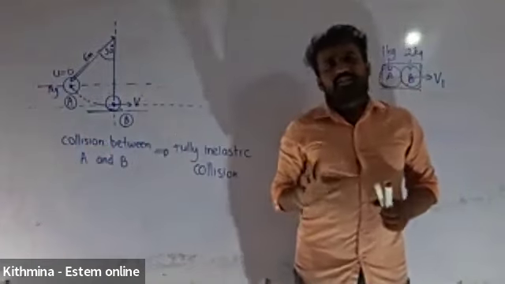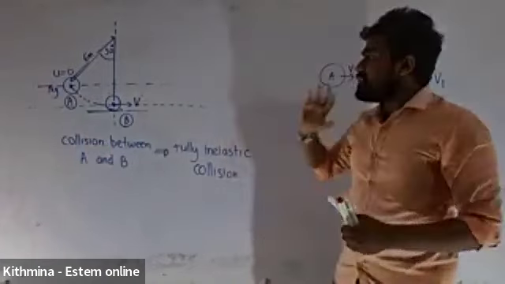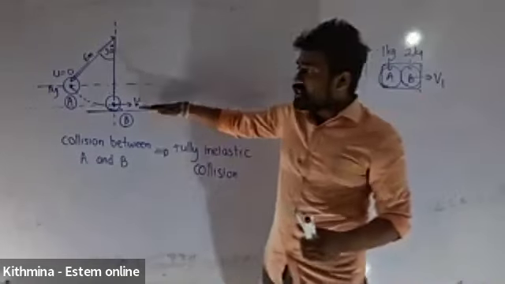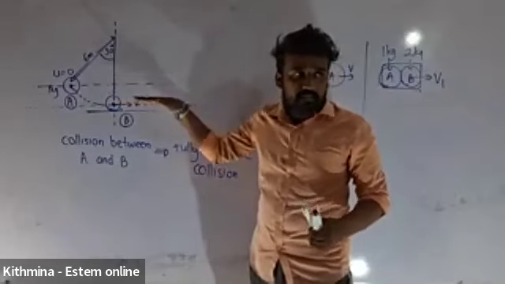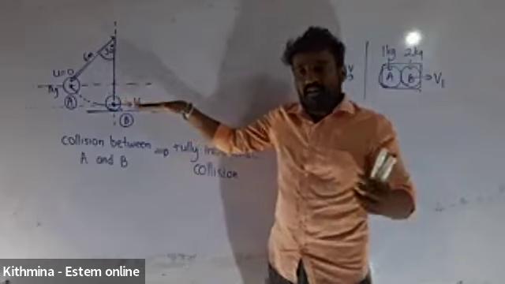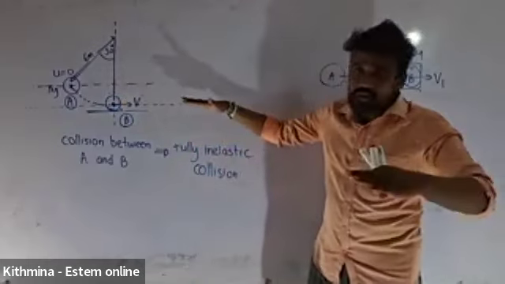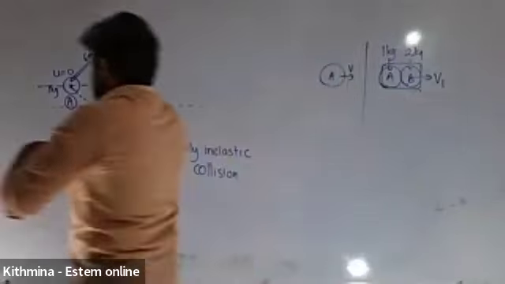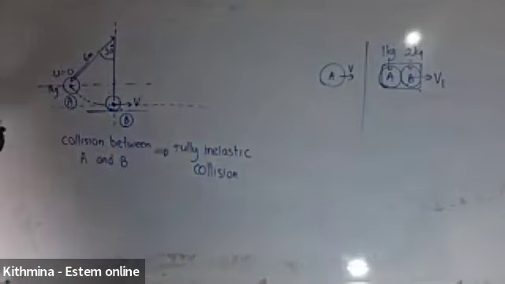My recommendation is to take the zero potential level as much as you can at the bottom line. This is the line PE equals 0.